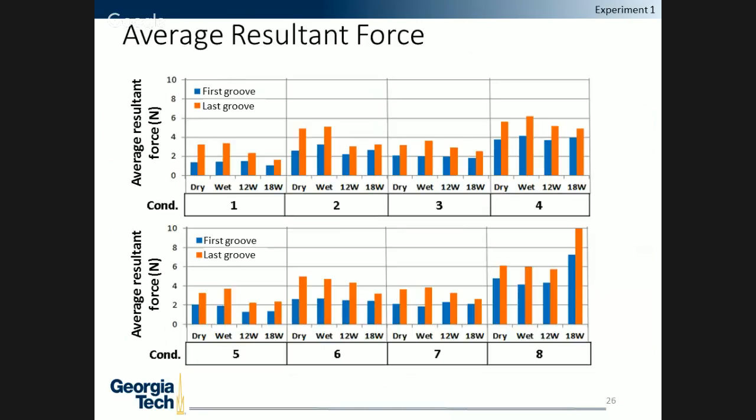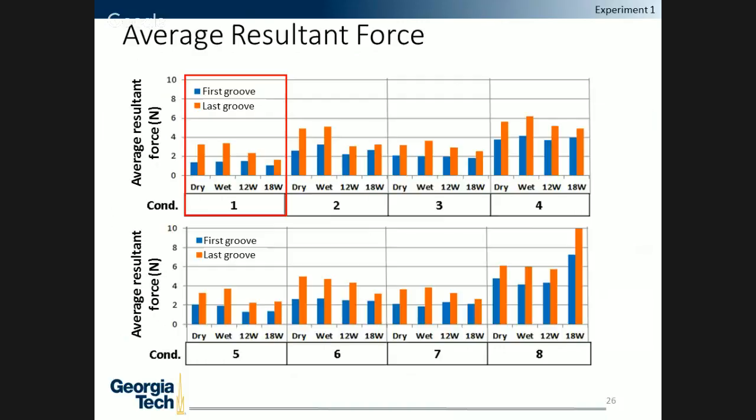And along with tool diameter, we also measured the cutting forces, the average result of cutting force for all 32 experiments on both the first screw and the last screw. And because of the large amount of data, we'll just be focusing on one cutting condition since most cutting conditions have the same trend.